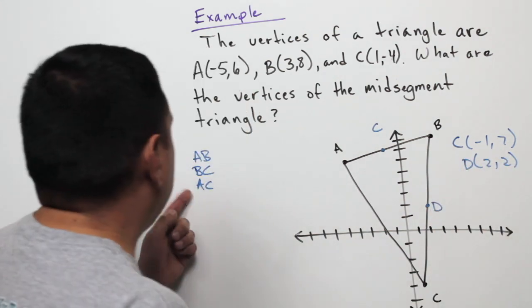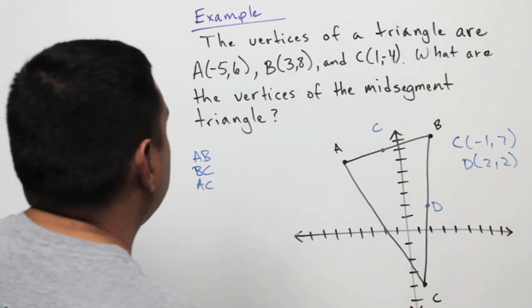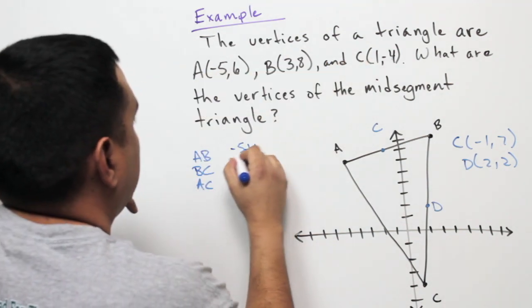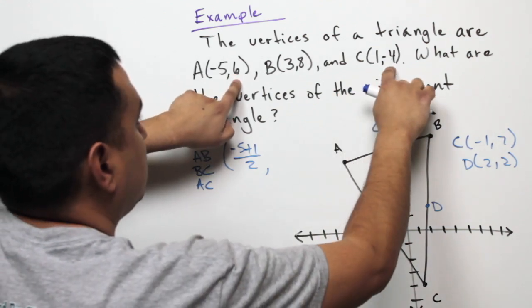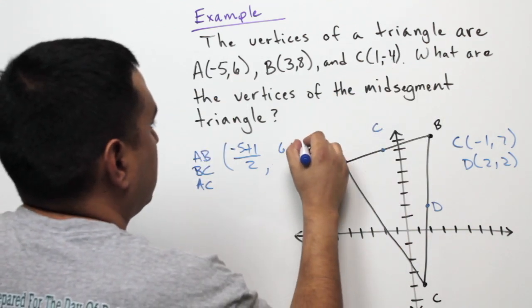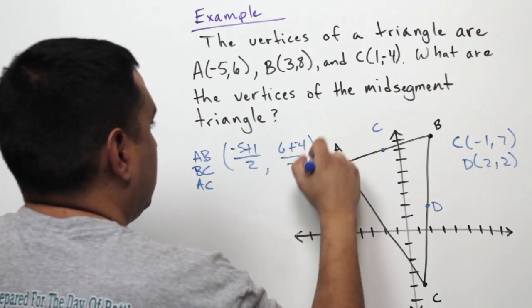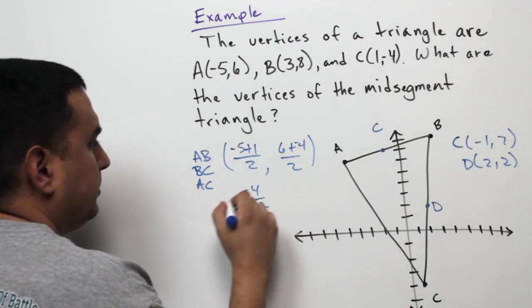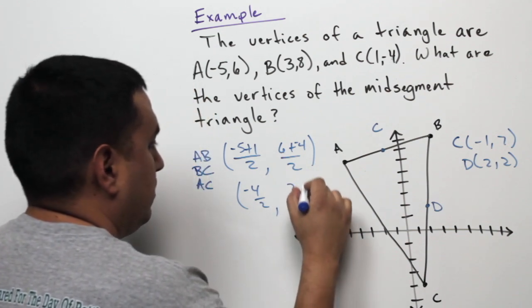And for the third one, using the points A and C, we want to do the midpoint formula again. So I'm looking at -5 plus 1 over 2. Then I need to look at my y values, so 6 and -4, and I'm going to put that over 2. -5 plus 1 is going to give me -4 over 2. 6 plus -4 is going to give me 2 over 2.